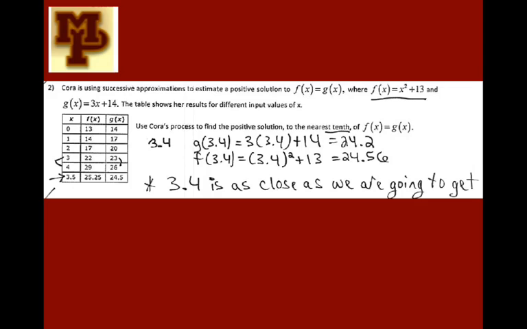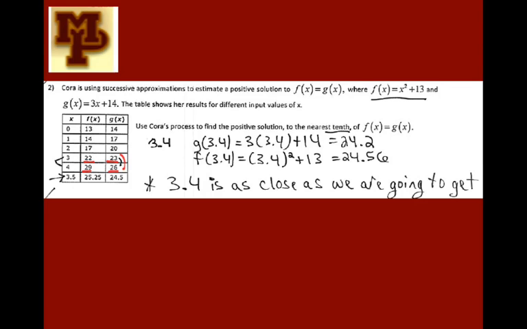This one, we're trying to figure out where they would actually cross. So we're looking at the y-coordinates and seeing when they would be similar. And you can tell they get pretty similar right around here, in between 3 and 4. It's 22 and 23. And once you get to 4, the function f of x has already bypassed the other one, so we've gone too far.